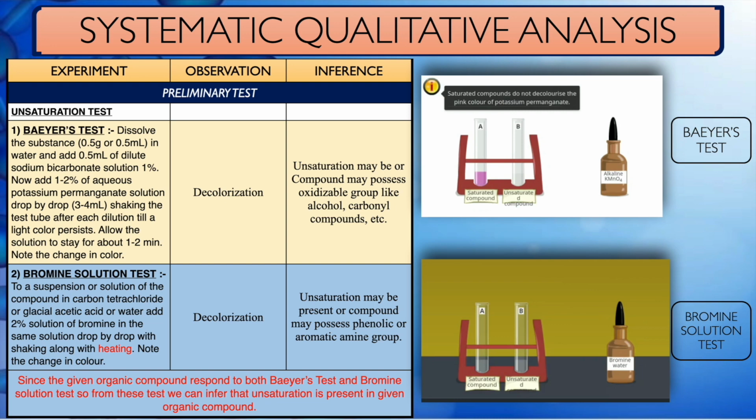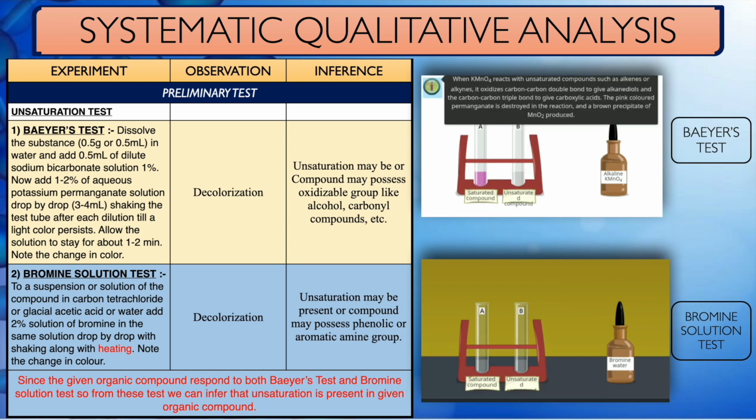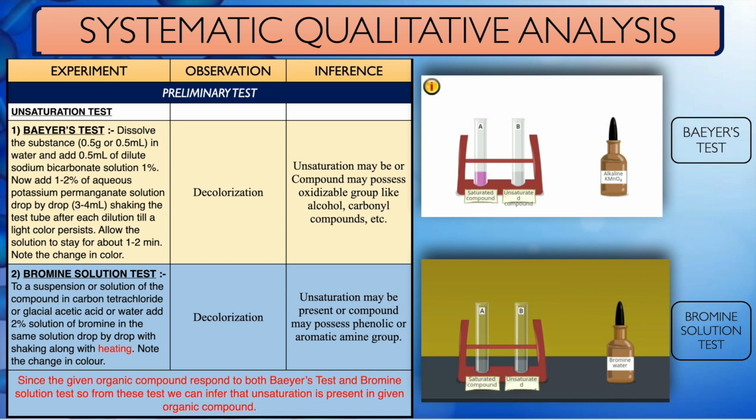But now see, we have taken another unknown organic compound in test tube B. As we add alkaline potassium permanganate to test tube B, after shaking we can observe that decolorization is taking place. It clearly infers that unsaturation may be present or the compound may possess an oxidizable group like alcohol, carbonyl compounds, etc.